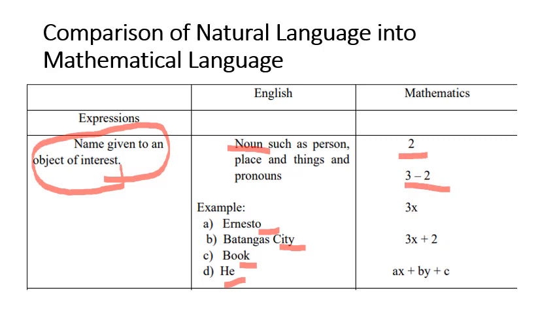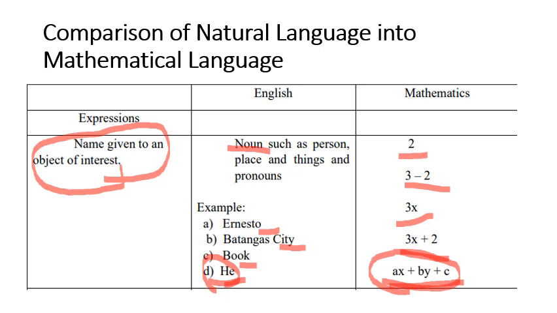O, tapos meron kang 3 times a number. So, you have 3x. Then, 3 times a number increased by 2. You have 3x plus 2. And then, kung lahat ay puro variable, parang katulad ng pronoun, hindi specific kung sino yung tinutukoy mo. So, eto yung mga times na gumagamit tayo ng variables. Eto. So, yan, ax plus by plus c.